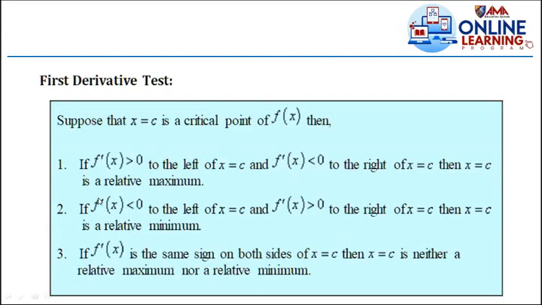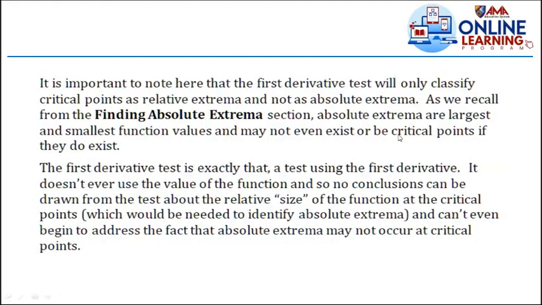Pero pag baliktad naman po siya, if the first derivative of f is less than 0 to the left of x equals c, and f prime of x is greater than 0 to the right of x equals c, then x equals c is a relative minimum. But if the first derivative f prime is the same sign on both sides of x equals c, then x is neither a relative maximum nor relative minimum.